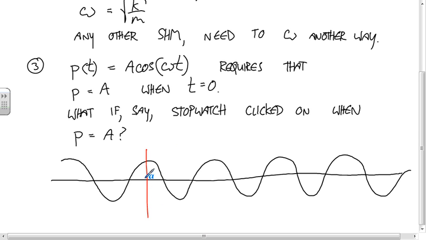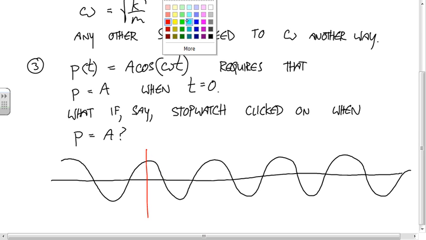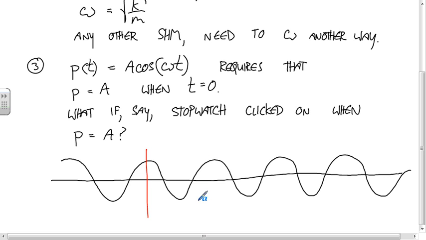So if you click on your stopwatch when the position is equal to A, you get this, and that's a cosine function. If you click on it over here instead, it's not a cosine function, but fundamentally the motion's still the same.